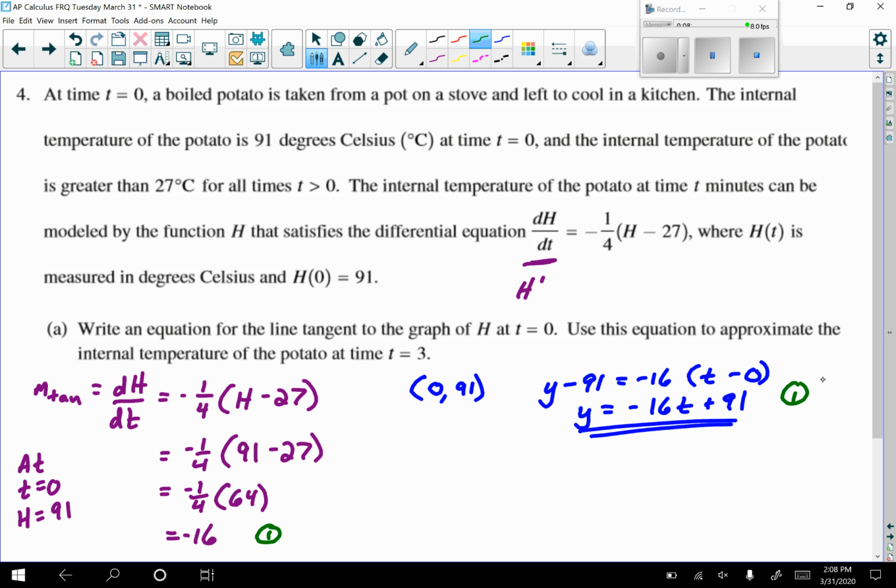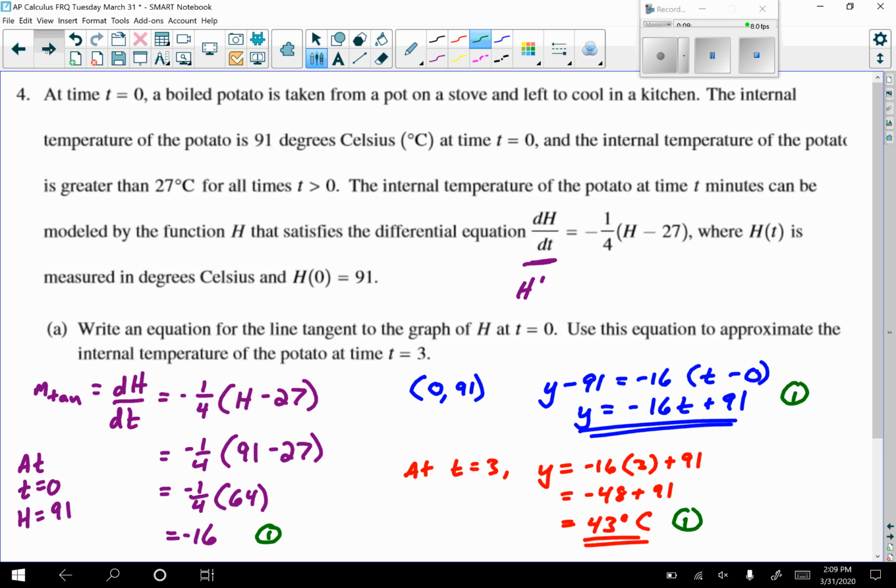You get 1 point for the equation. And then the last part is to approximate this. So at time t equals 3, we're going to say y equals negative 16 times 3 plus 91, negative 48 plus 91 is giving us 43 degrees Celsius. And we get our third point for this.